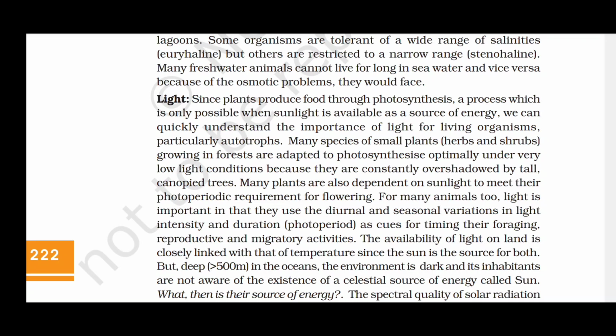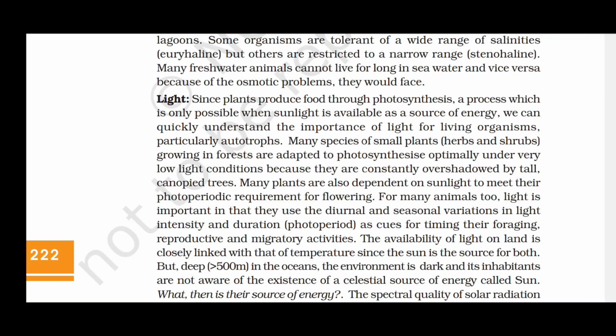For many animals too, light is important in that they use the diurnal and seasonal variations in light intensity and duration, photoperiod, as cues for timing their foraging, reproductive, and migratory activities.